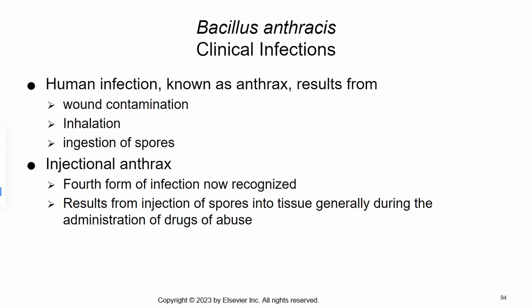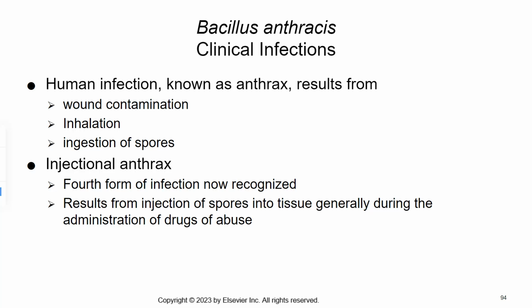Inhalation anthrax is fatal. That's when you inhale it into the respiratory tract, and it can replicate immediately and disseminate deeper into the body, causing a systemic infection. There's also the ingestion of spores, which can cause violent intestinal disruption. Injectional anthrax is when anthrax gets injected. It's a 4th form that's now recognized.